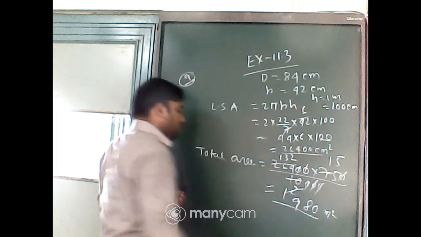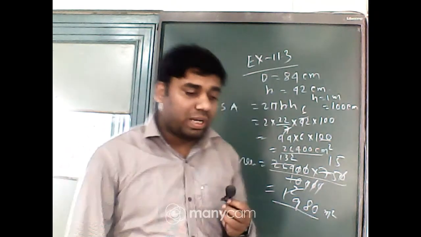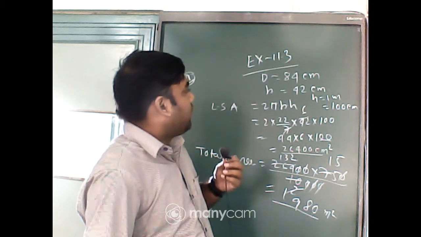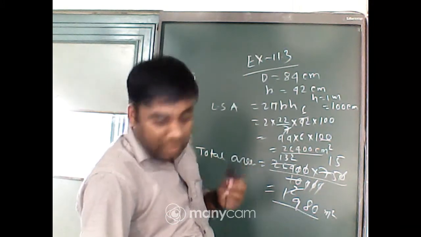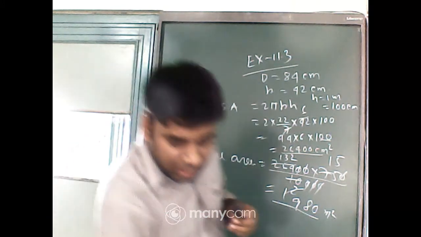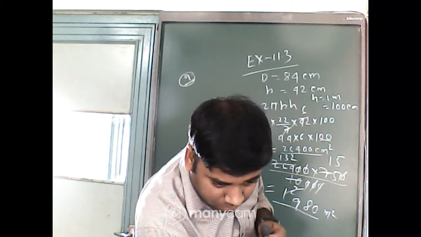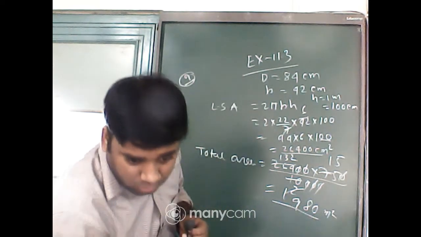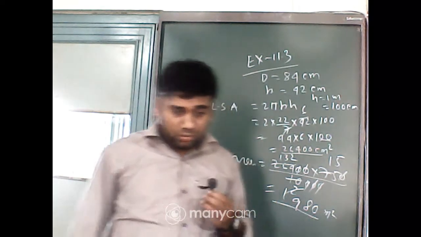That area should be leveled by the roller having diameter 84 centimeter and length of the roller 100 centimeter. Okay? Is it clear, everyone?